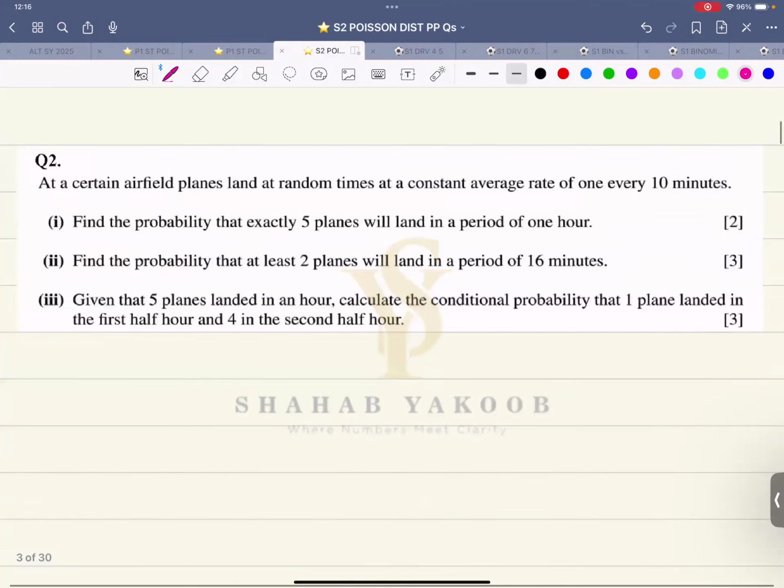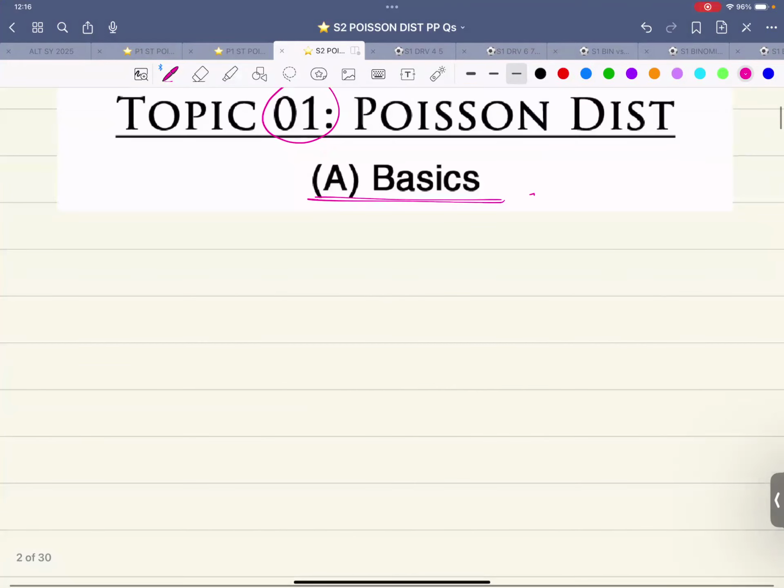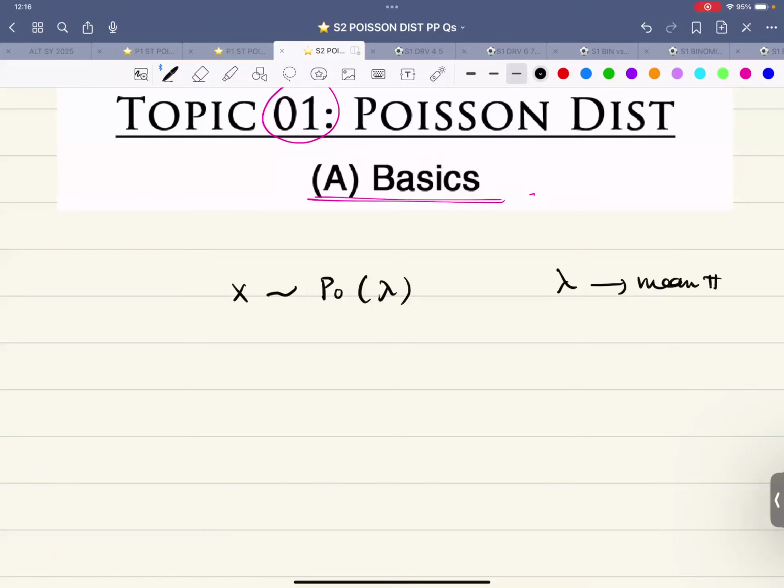Now, in order to understand the basics, let me just write down a few details. We know that X follows a Poisson distribution with lambda. Lambda is the mean number of occurrences in a specified time or space interval.